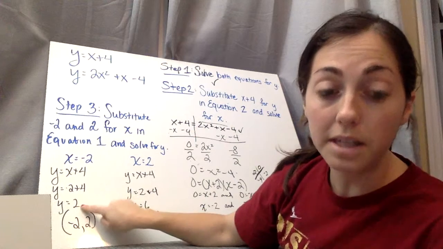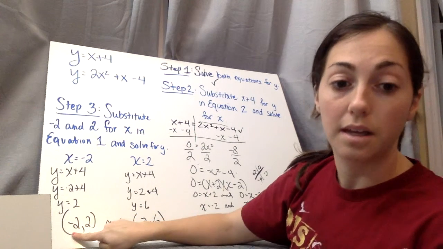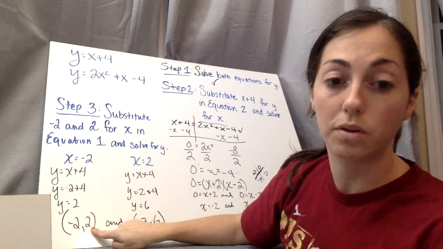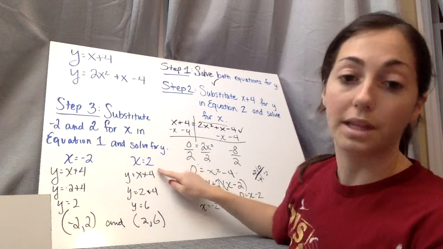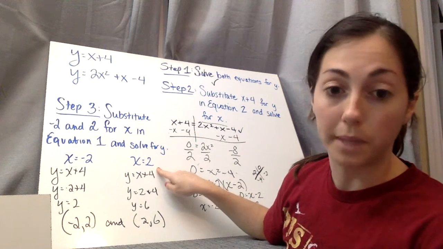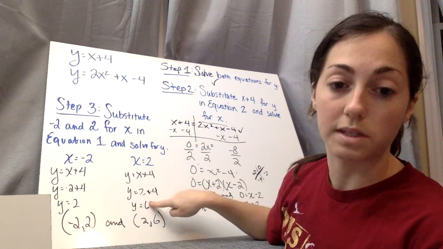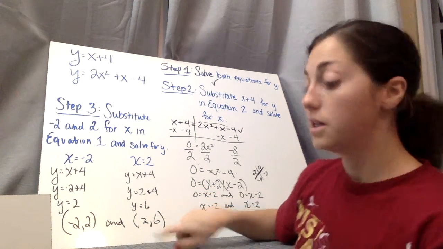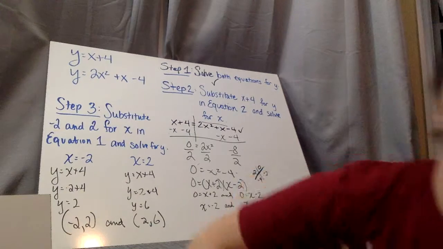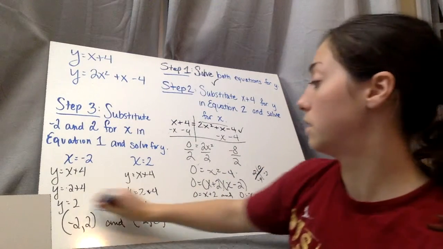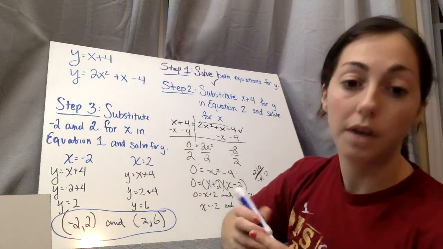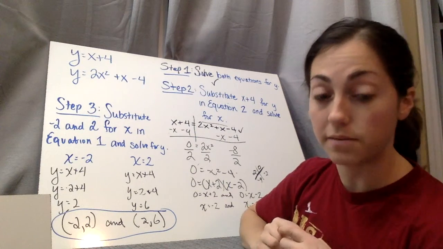So this is not my answer. My answer then is negative 2, positive 2. The other point that the line and parabola meet at: I plug in 2 for x, and 2 plus 4 is 6, so 2, 6. So my two solutions are negative 2, 2, and positive 2, 6.